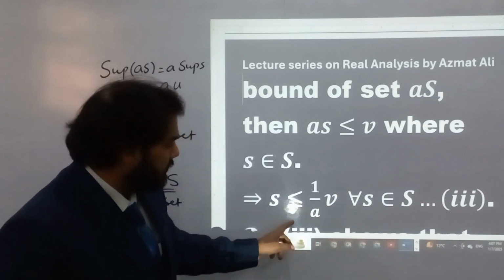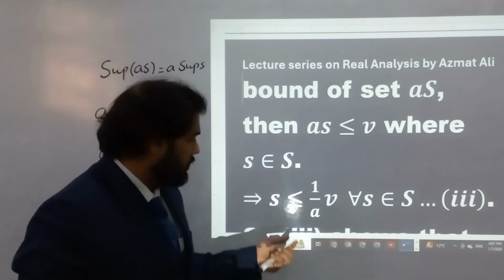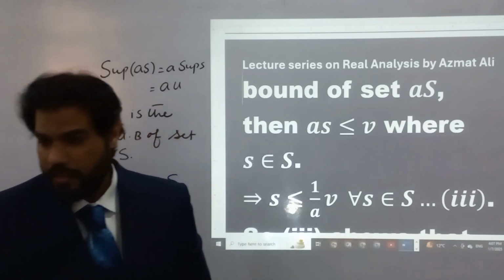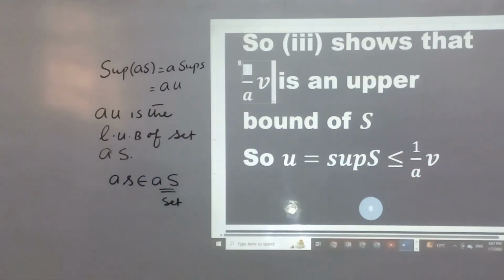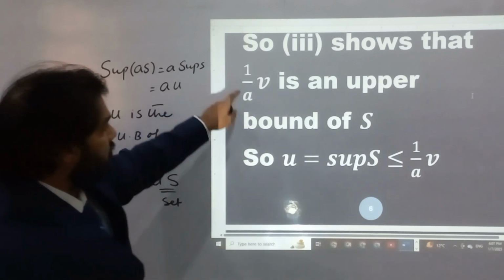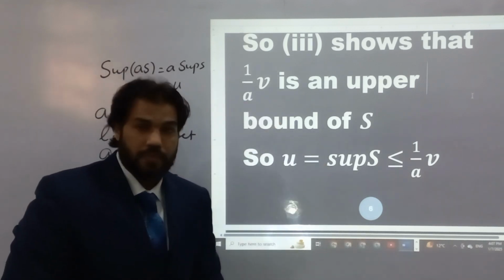This shows 1 over AV is an upper bound of set S. So 3 shows that 1 over AV is an upper bound of set S.